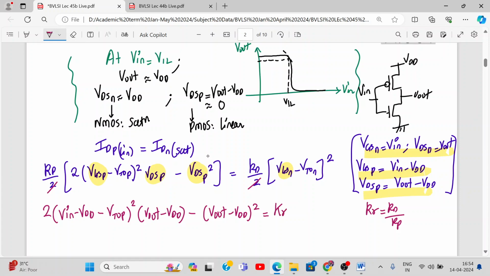Kn by Kp is Kr, and VGSN is Vin, so Vin minus VTON the whole square. Are you understanding? So we get this formula.